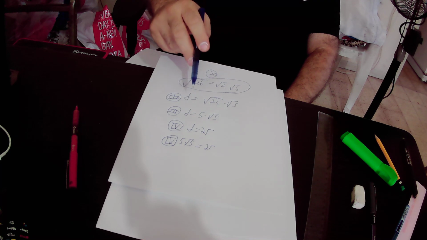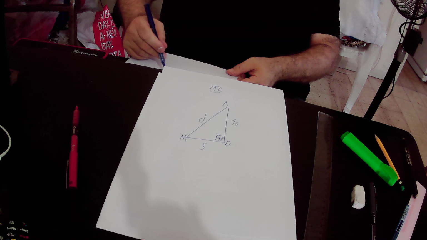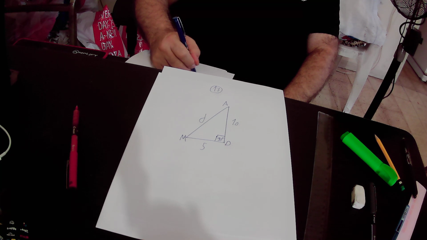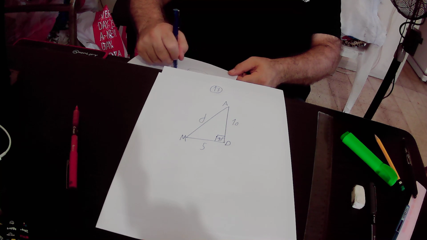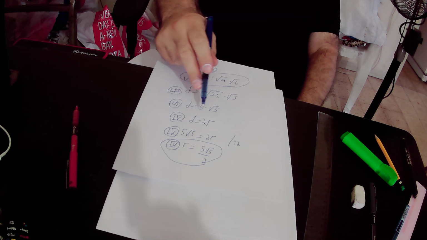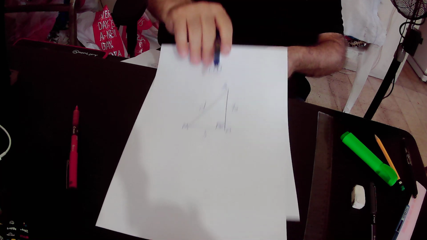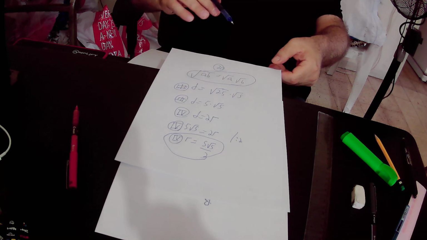We divide equation number 4 by 2, and we get that the radius of this circle equals 5 times root 5 over 2.